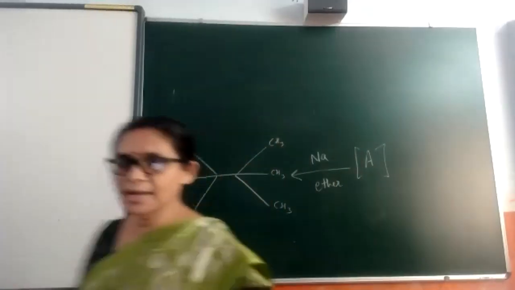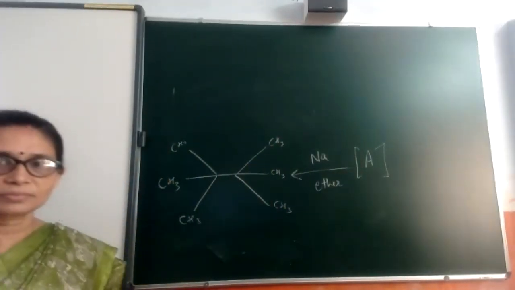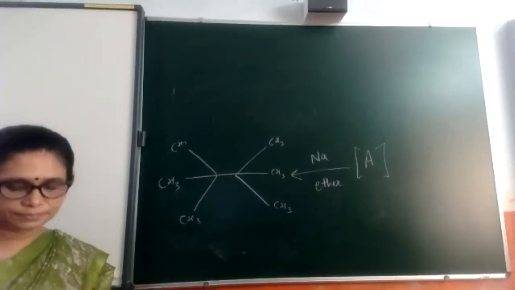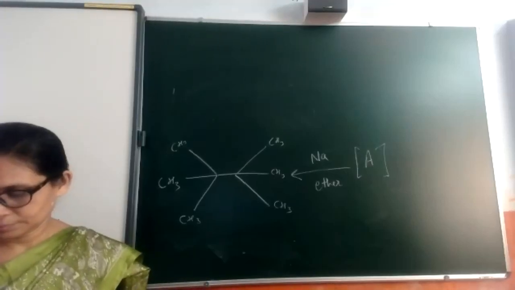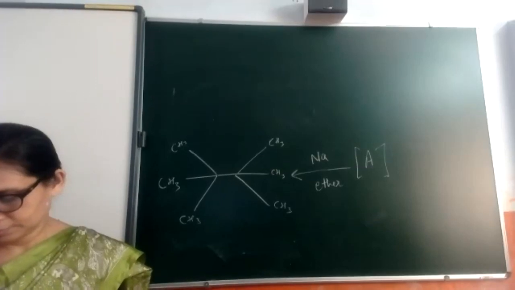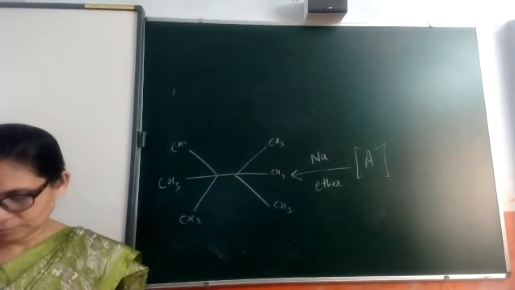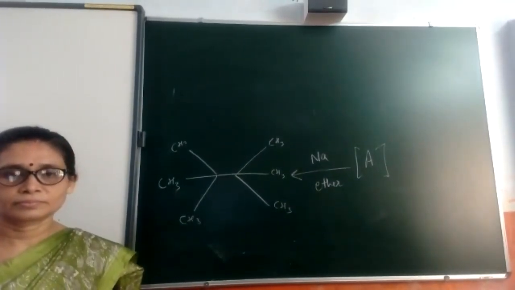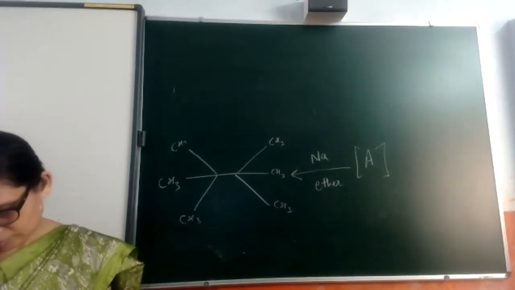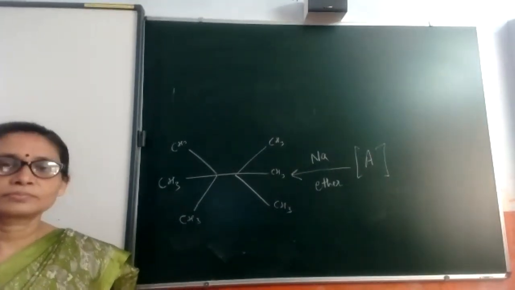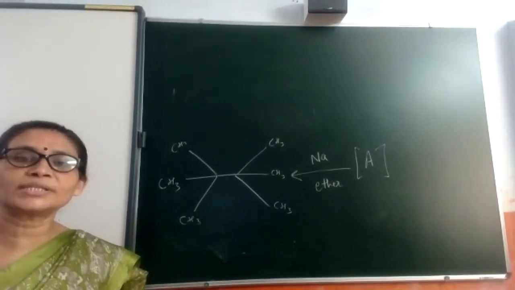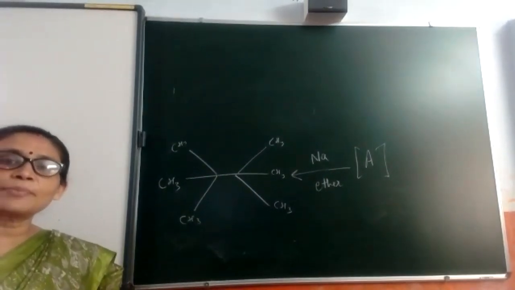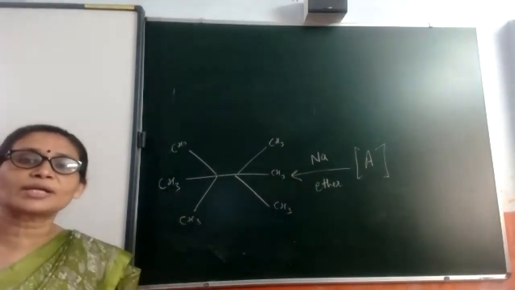Find out this compound A. It is Wurtz reaction, isn't it? And in Wurtz reaction, it gives symmetrical types of alkanes. So this alkane is also symmetrical.